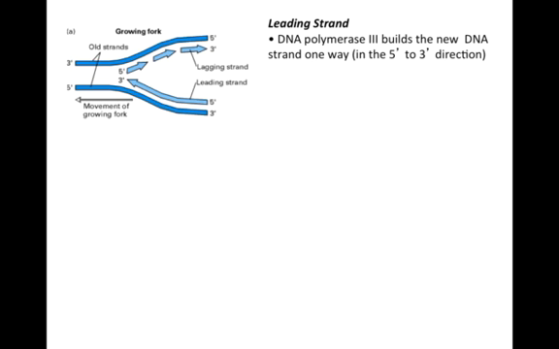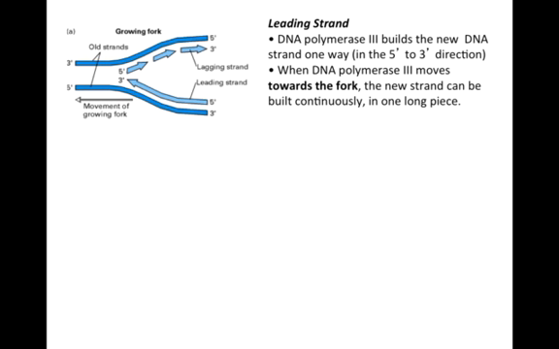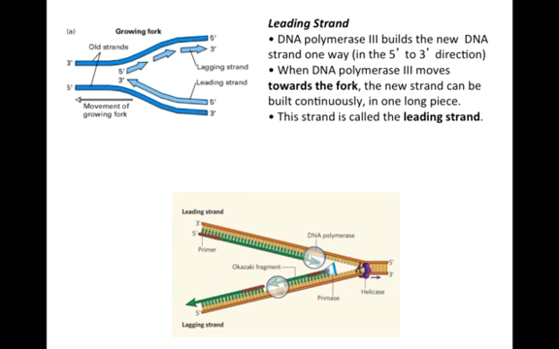So the DNA polymerase III moves towards the fork always on the leading strand. So when the DNA polymerase moves toward it, a new strand can be built continuously. So as it moves in this direction, it's going to continue to unzip, and it just continuously builds a new leading strand.